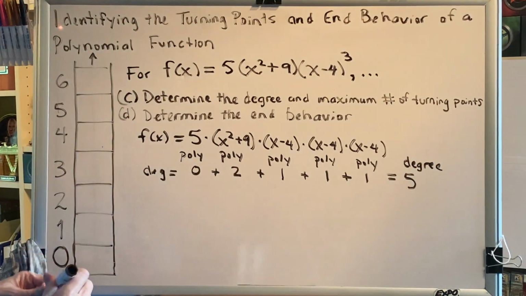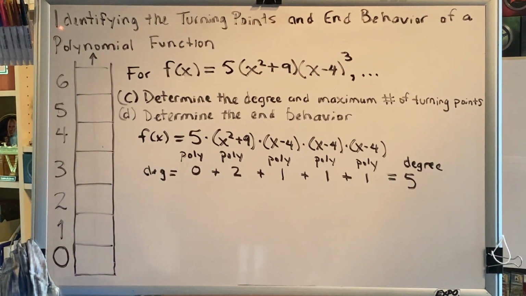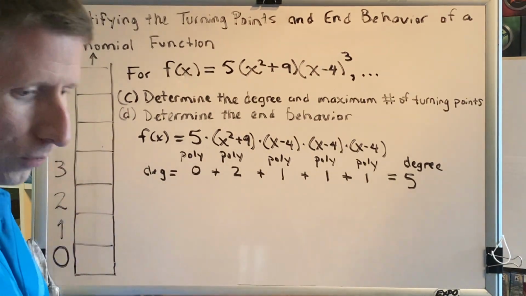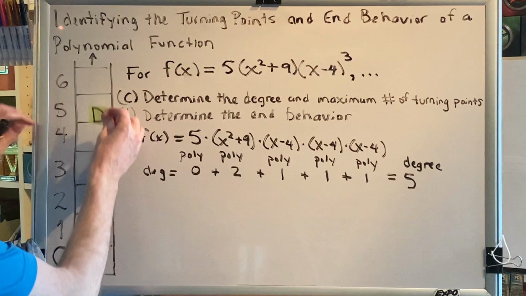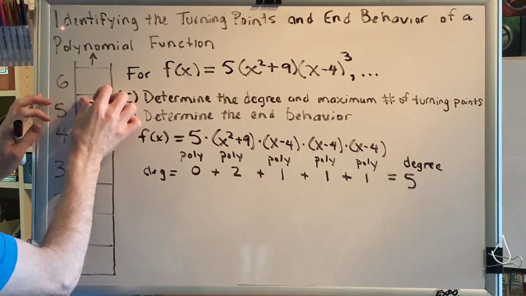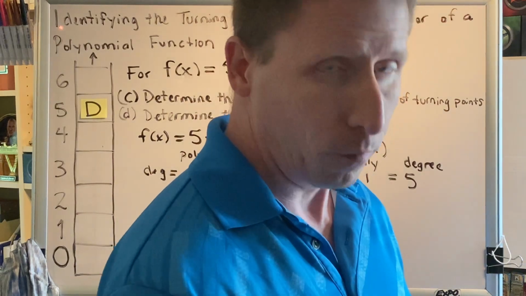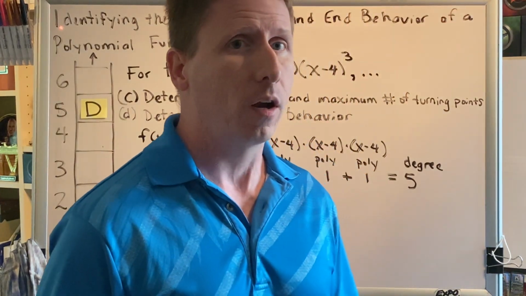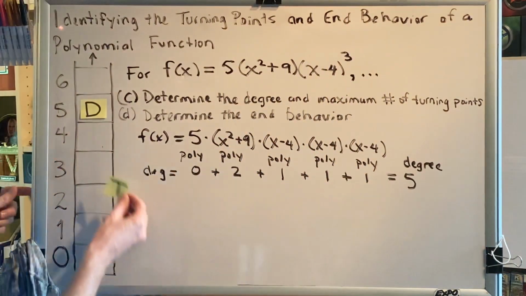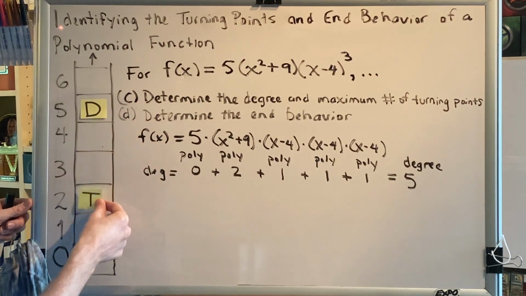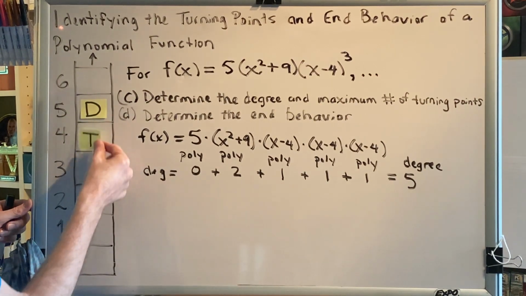Once we know the degree, we can determine the maximum number of turning points using the math elevator. We'll put the D car on the 5th floor, and we'll remind ourselves that d over t determines the location of both cars relative to each other. So, d over t. T could be in any one of these positions.